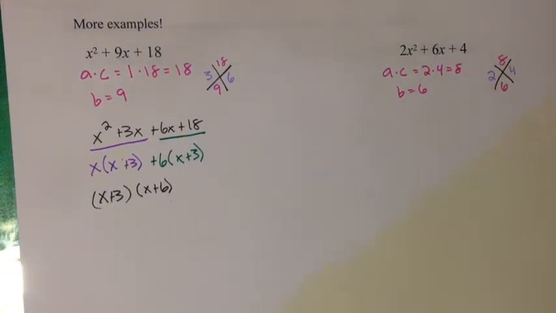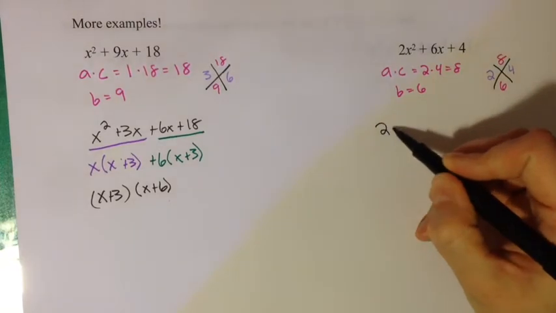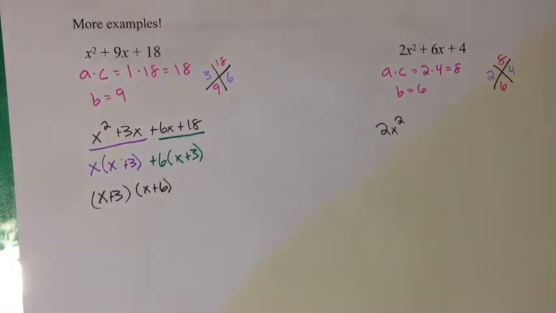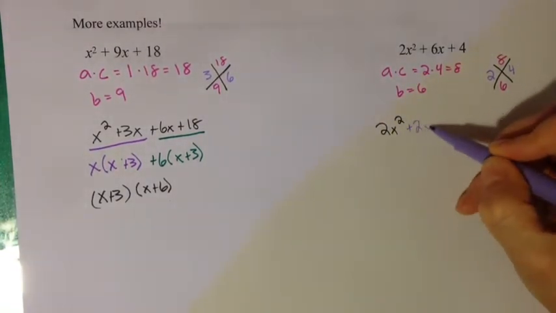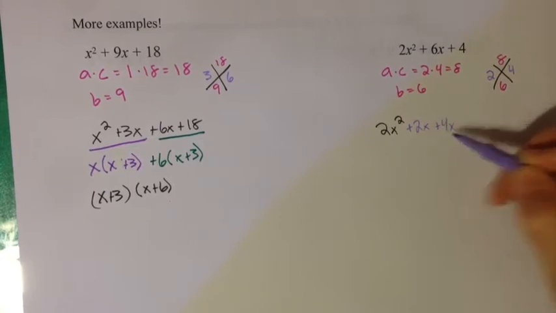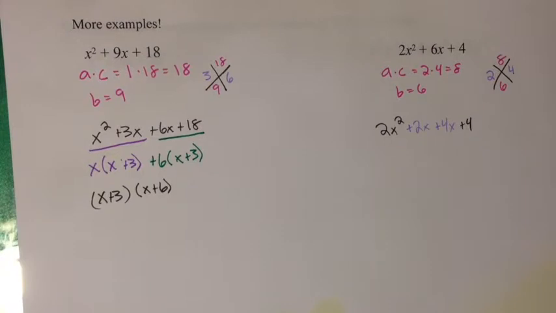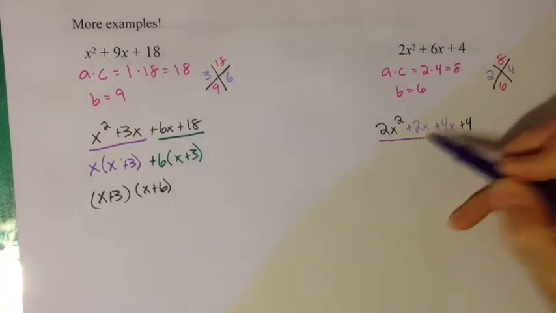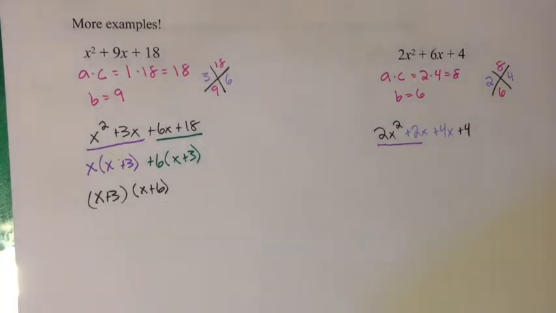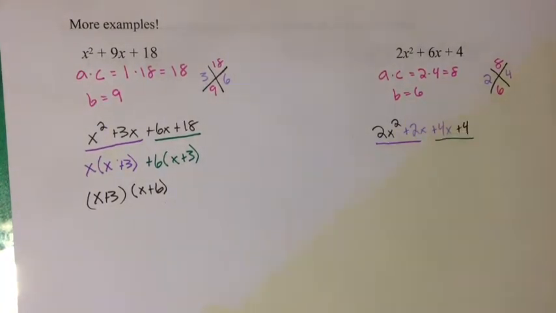Now I can use those to split up my middle term, making this 2x squared plus 2x plus 4x plus 4. And now I can factor by grouping. I'm going to group my first two terms together and then group my last two terms together.